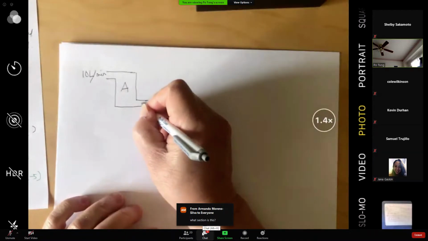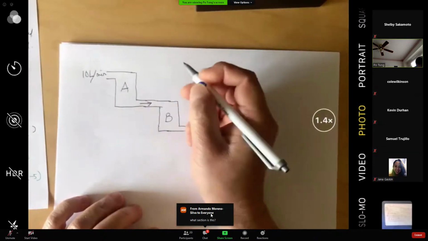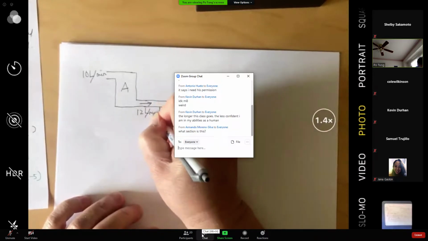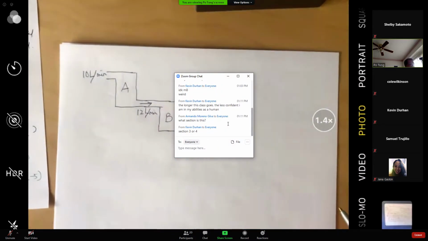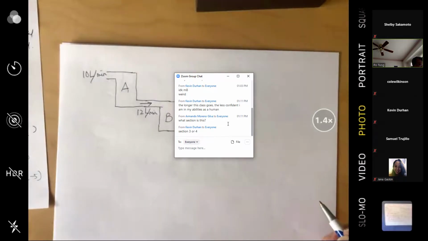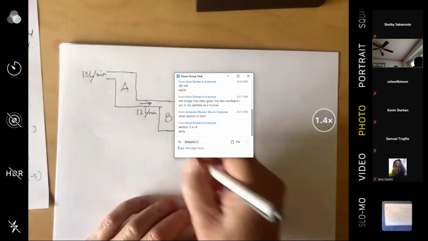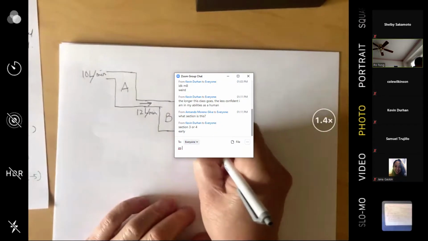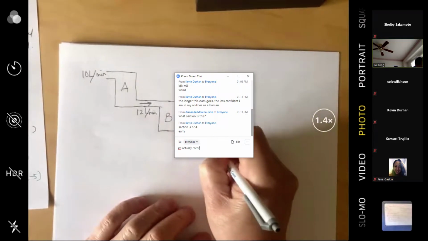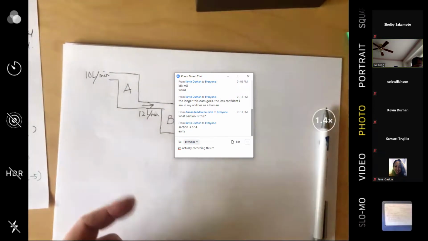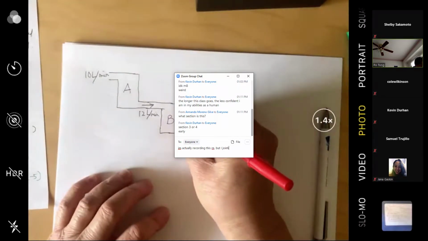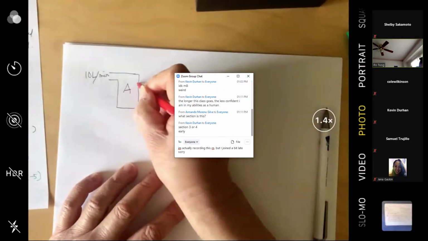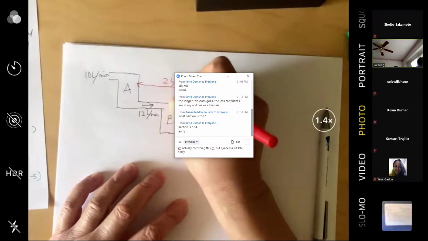Coming out here is 12 liters per minute. This one going in here is also 10 liters per minute. But there's a path where you pump the output of this one back into here, 2 liters per minute.